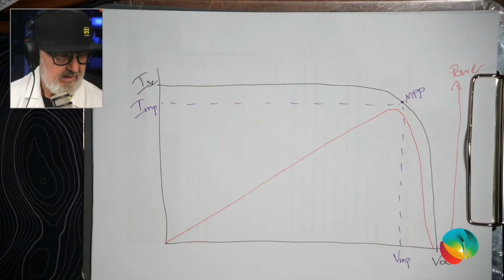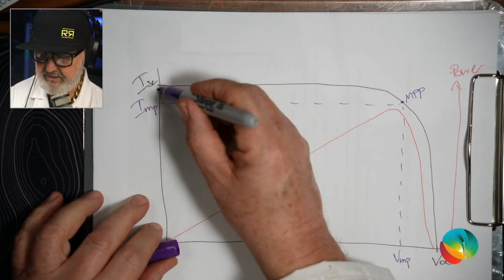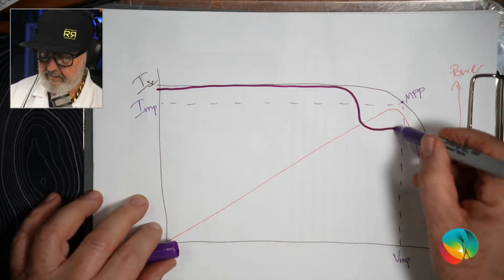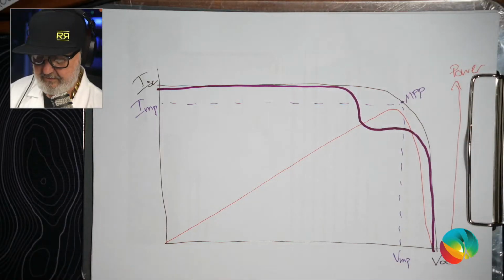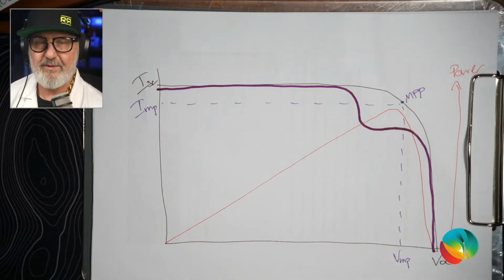What you can get when that happens is, I'll probably use a different colour, an IV curve that looks like this. So you actually get 2 bumps or knees on the curve.